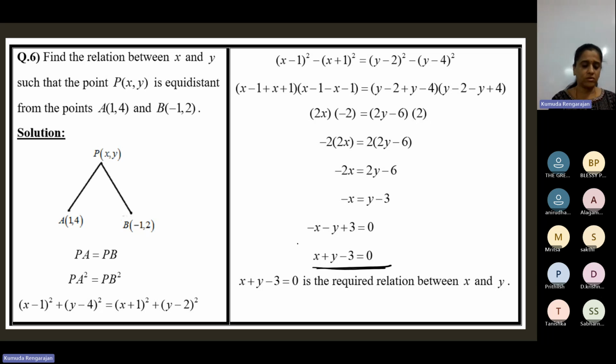Here it's with one wrong symbol. No. X minus will be equal to.